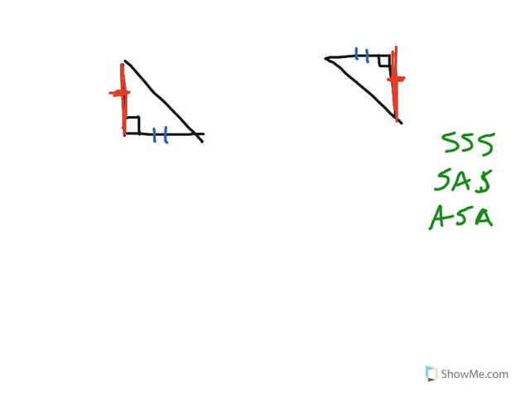Now I also have a drawing that shows these two little dashed blue lines. What that means is this side over here is the exact same measurement as this side. So I've got two congruent sides. Now do I have a third congruent side that is definitely measured and shown?